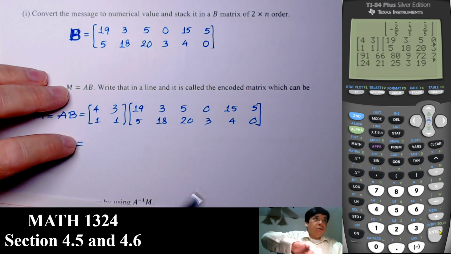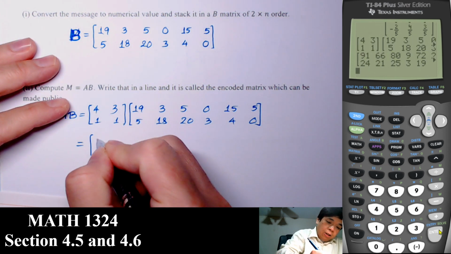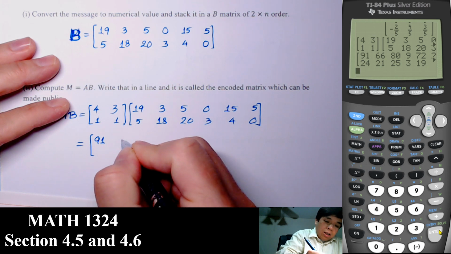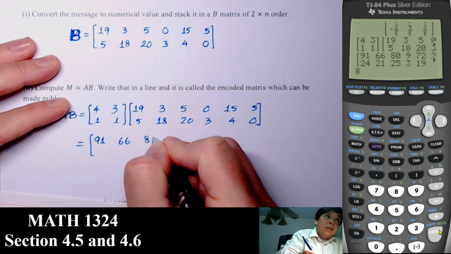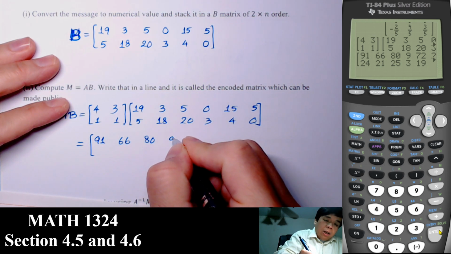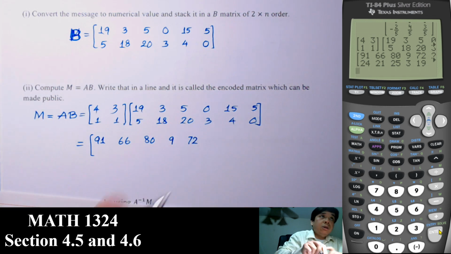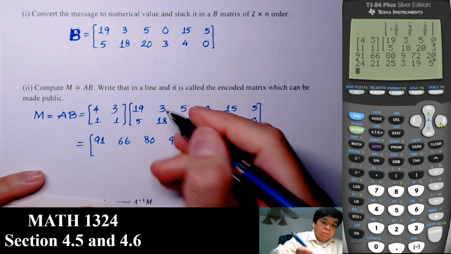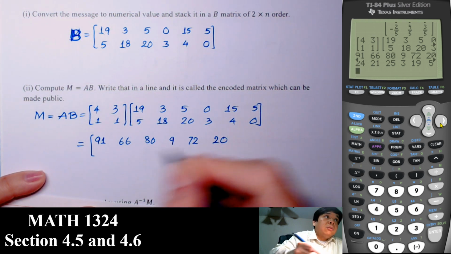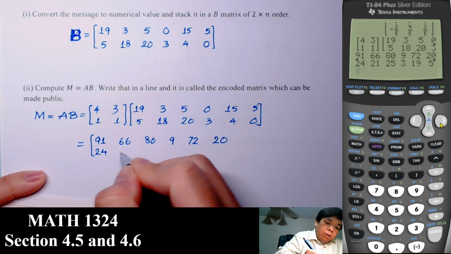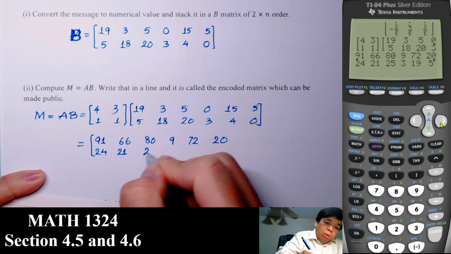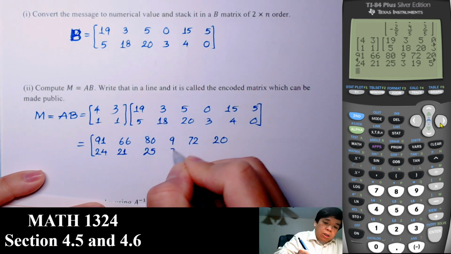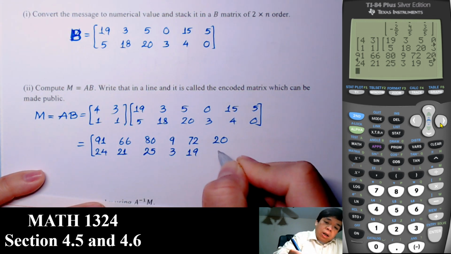Right, so we have that: 91, 66, 80, 9, 72, and 20, 24, 21, 25, 3, 19, and 5.